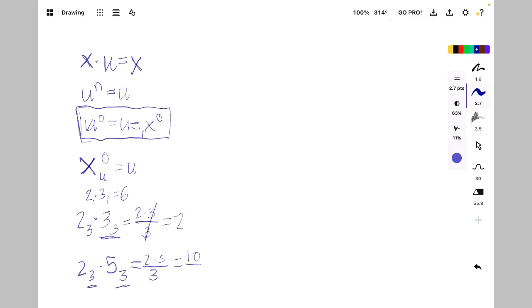So that's just 10/3 with an empty product of 3. So the empty products are supposed to stay as they are. If you have two things with an empty product of 4, their product will also have an empty product of 4.